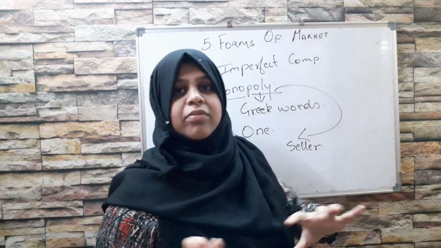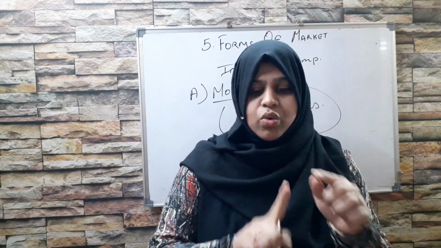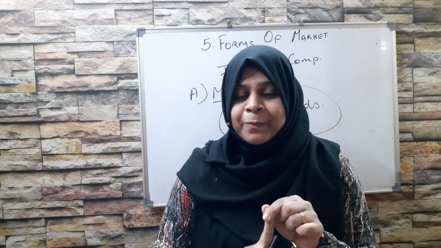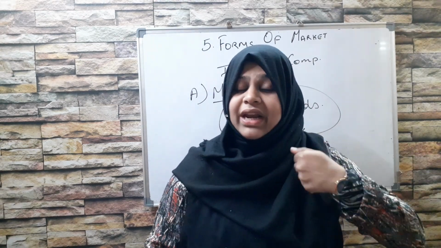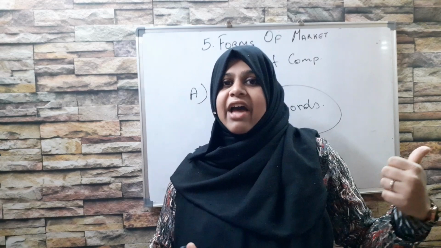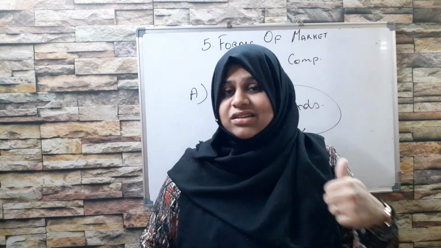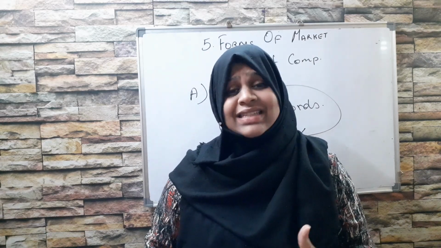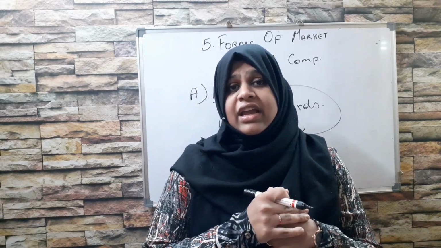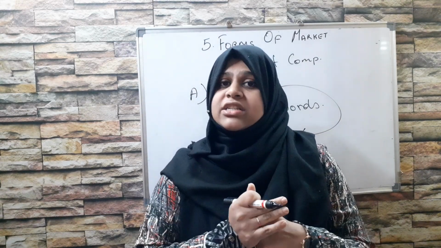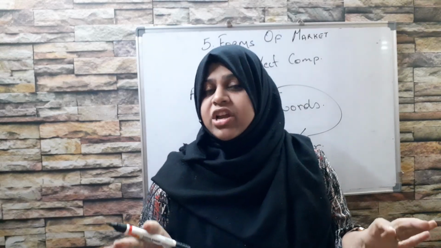It is that type of market where there is only one seller and he is dominating the market. He is having the control over the market. The entire control is in his hands, and he is exercising his power on whomever he wishes.